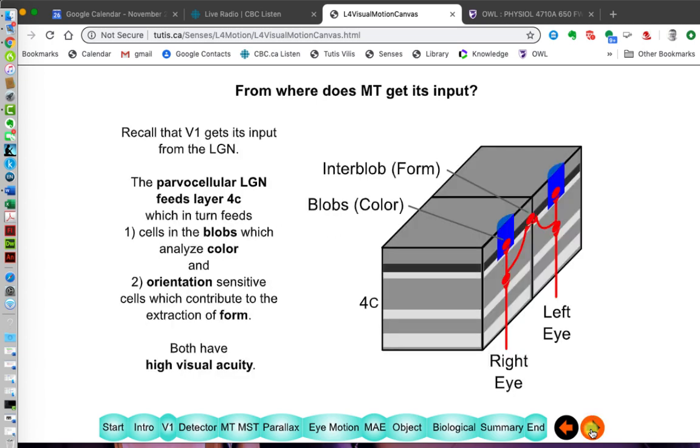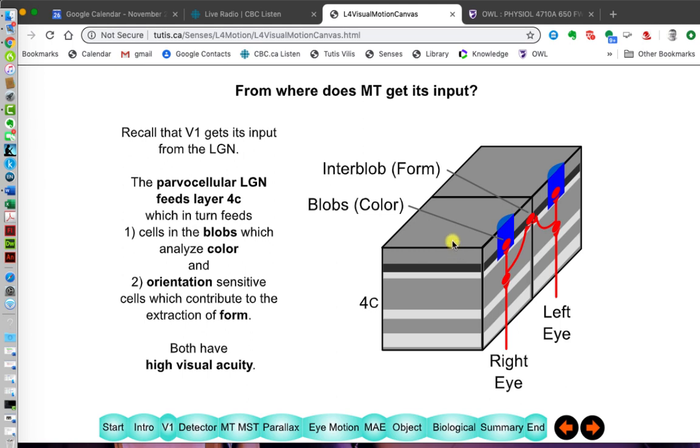Now, how does the signal from the eye get to MT plus? You remember that we had these blobs, and around these blobs, the spokes.